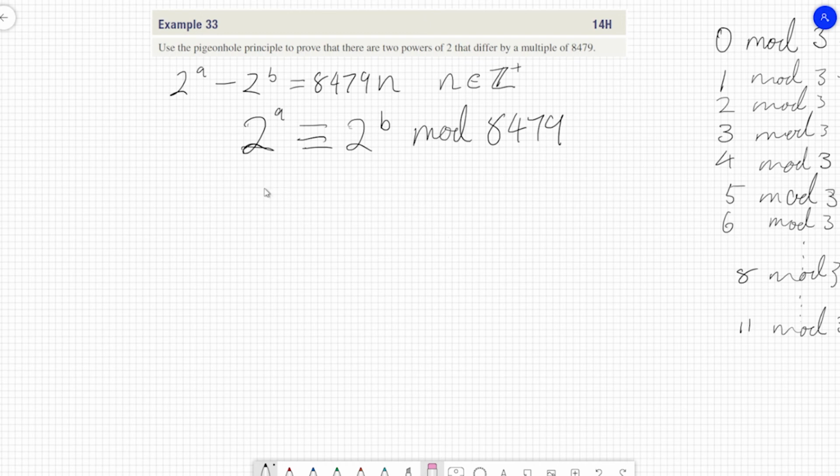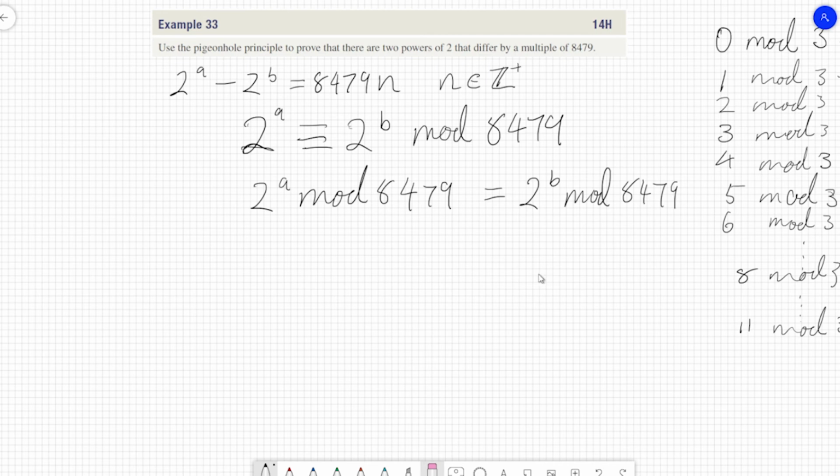That means 2 to the power of a mod 8,479 will have to equal 2 to the power of b mod 8,479. Yeah, so this first power of 2 divided by 8,479 should equal the second number, 2 to the power of b, divided by 8,479.